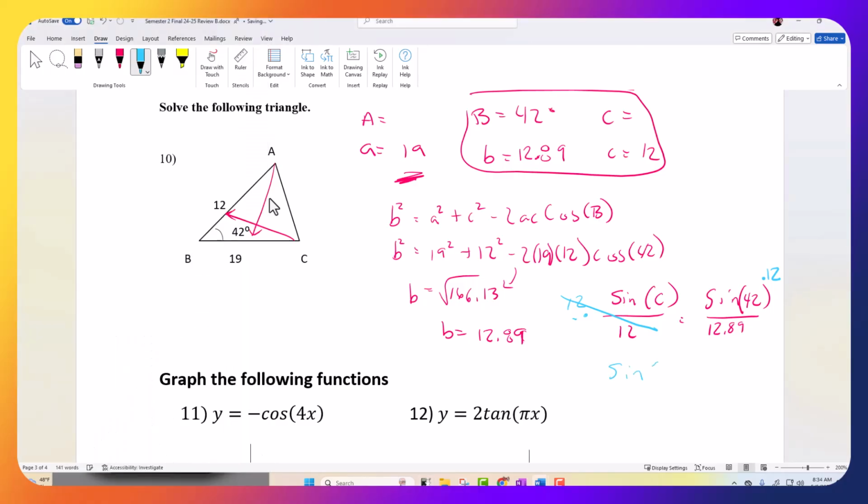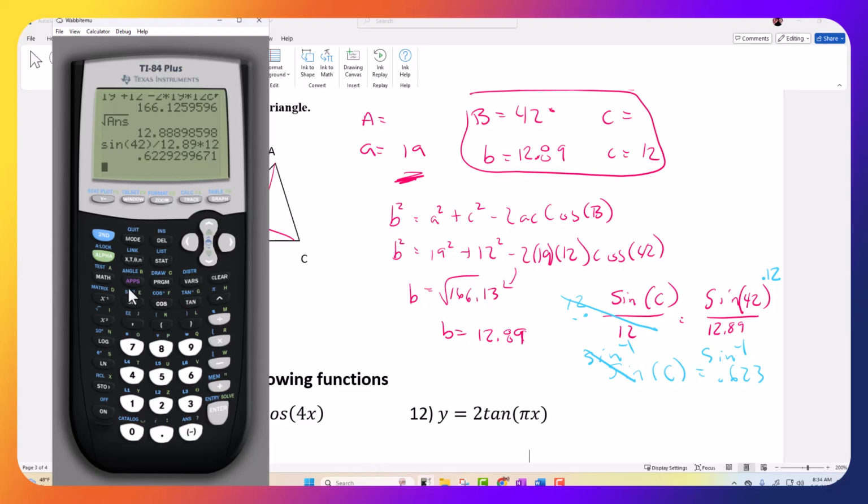So the sine of capital C is 0.623. If I take a sine inverse of that, it should give me my final answer for C. So the inverse sine of the answer is 38.5 degrees.